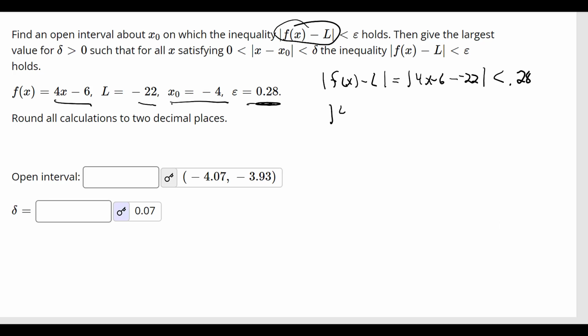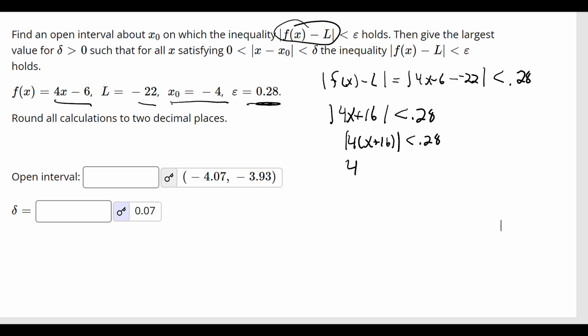The absolute value of 4x minus 6 minus negative 22. That makes it negative 6 plus 22, so it's 16. So plus 16. It's less than 0.28. And from here I can factor 4 out, so 4 times x plus 16 is less than 0.28.